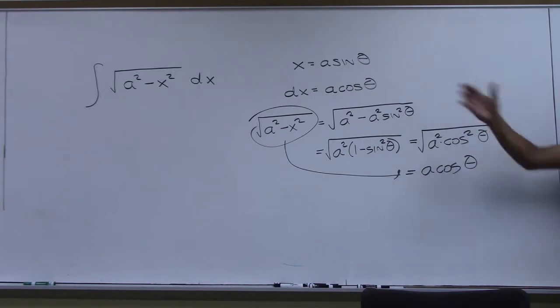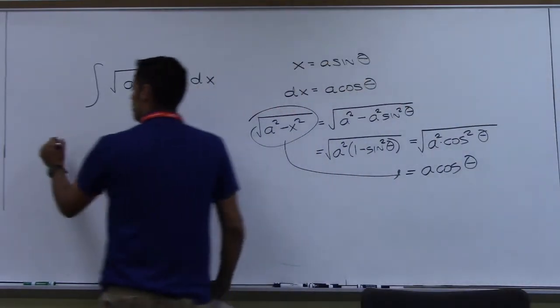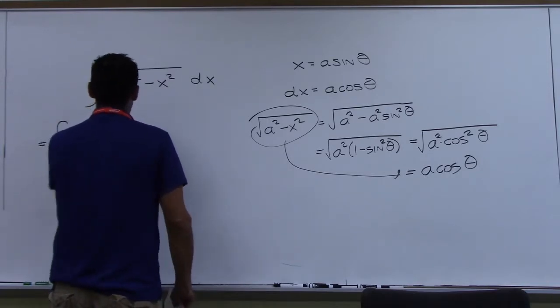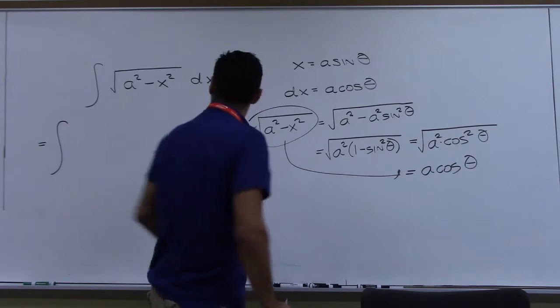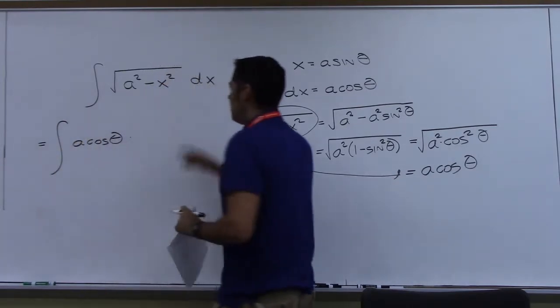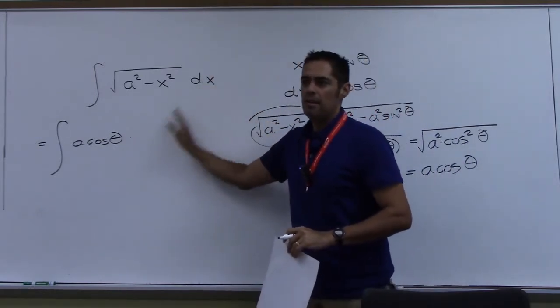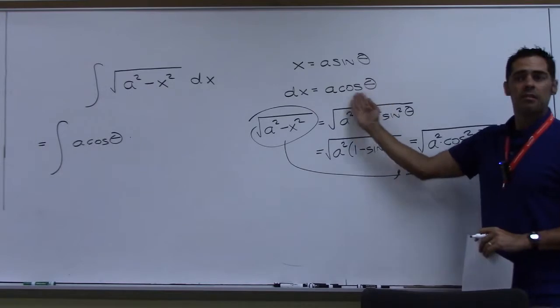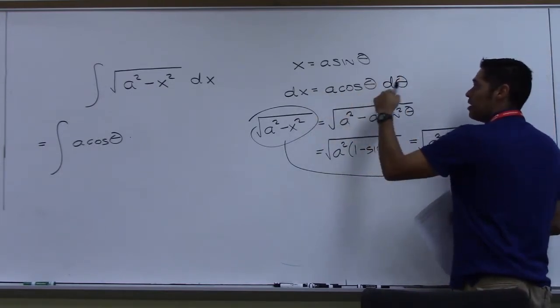And when you do that, we should be able to rewrite the whole integral now. So this integral becomes this thing, which was a cosine theta, right? And then don't forget dx. Dx is part of the game too. You don't just change dx to d theta, right? Dx is whatever dx is here. Oh, I forgot my d theta right there. Sorry. When I differentiate, I have to have d theta there.